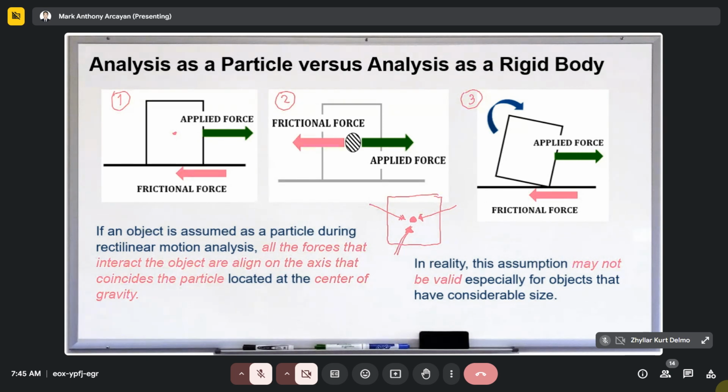So you cannot guarantee that all external forces act at the centroid. Therefore, expect that we really have a net moment for this one.